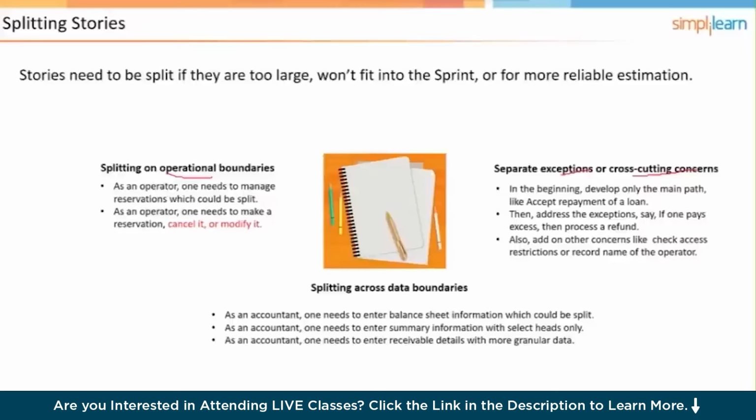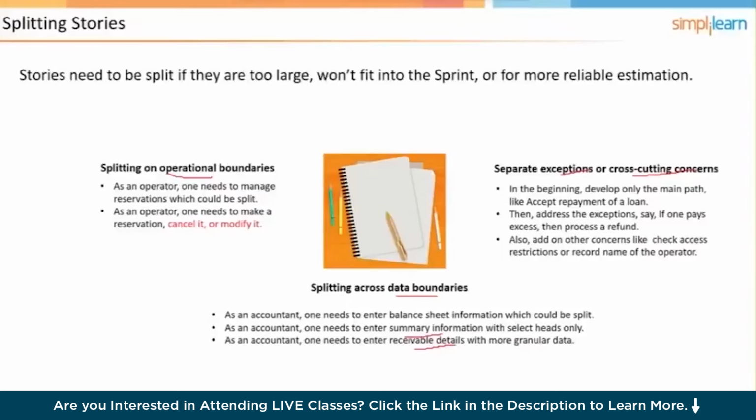Okay, and then down at the bottom, split based on data boundaries. For an example, as an accountant, one needs to enter balance sheet information, which could then be split into summary information and separately receivable details, or maybe you could have AP.